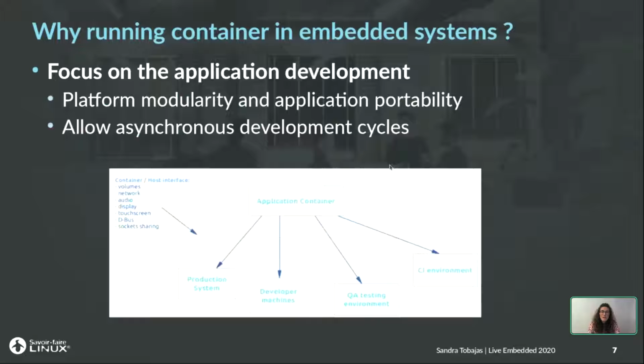Furthermore, this allows the developer teams to focus only on the application and ignore the platform specificities. With a set of defined interfaces I have listed earlier between the container and the host platform, it brings the ability to run the application container either on a developer machine, a continuous integration pipeline, or a production machine.